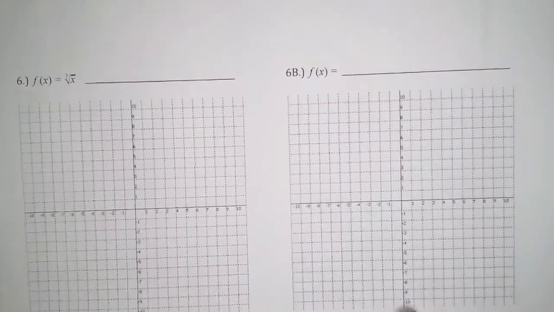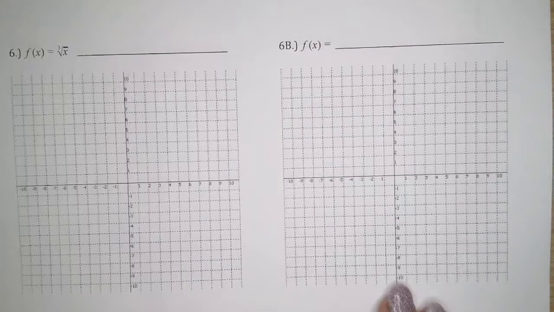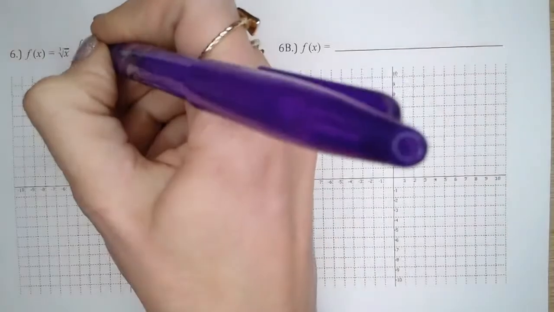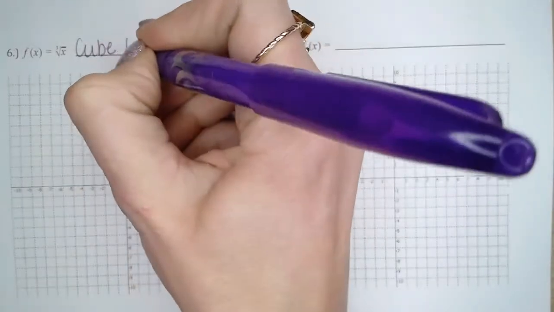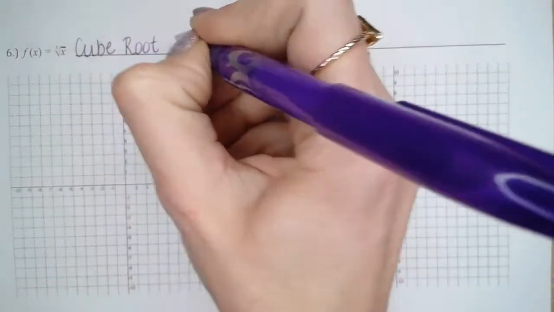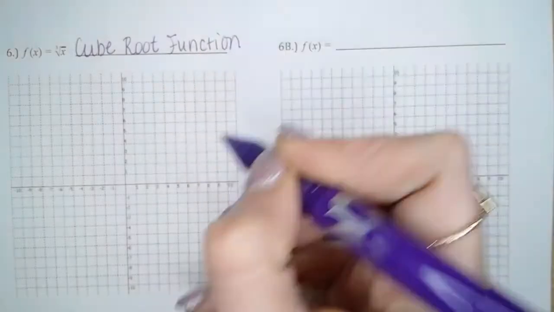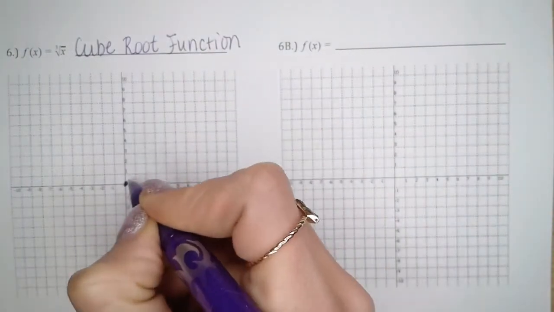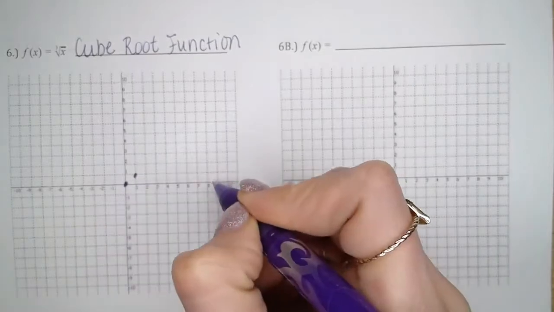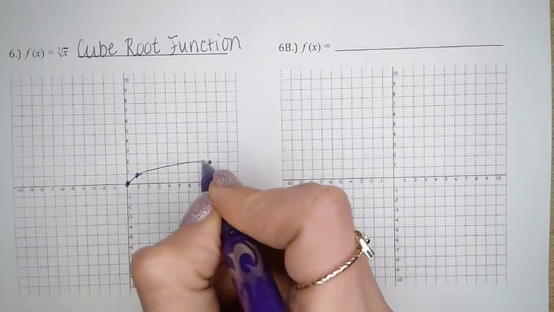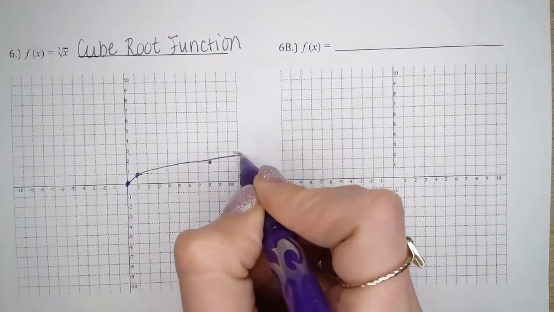Okay, next up, the arch nemesis of x cubed, the cube root. It's going to be very similar. It's going to be sideways also. However, it's going to give us the full graph. It's not going to cut off part of it.